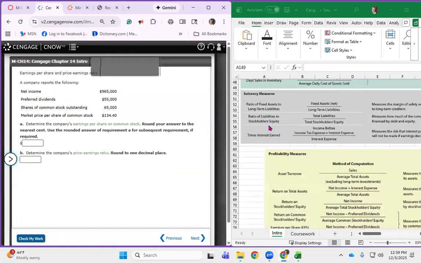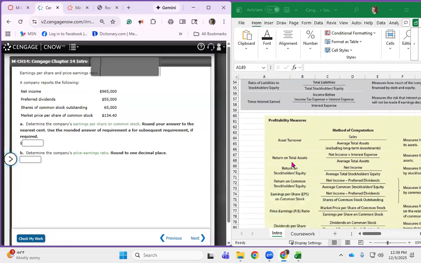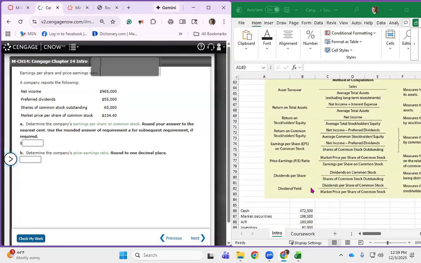I don't know if they'll have us do that or not. We're determining the earnings per share on common stock and price earnings ratio. So you would go down here and look, earnings per share and price earnings ratio. There it is. We'll come back up here and look at what those are just as soon as I put these numbers in.